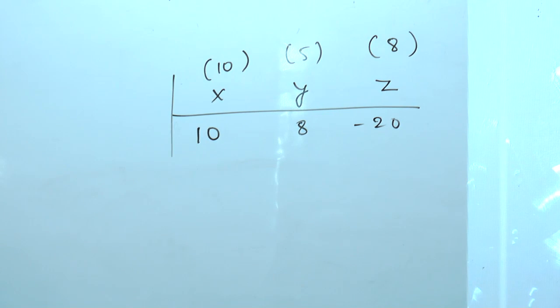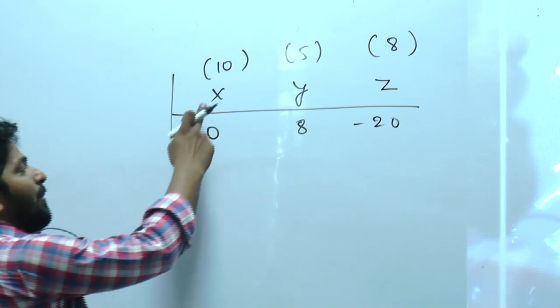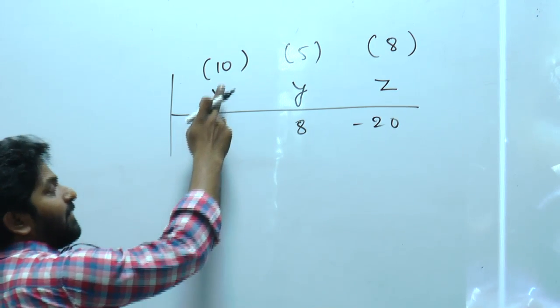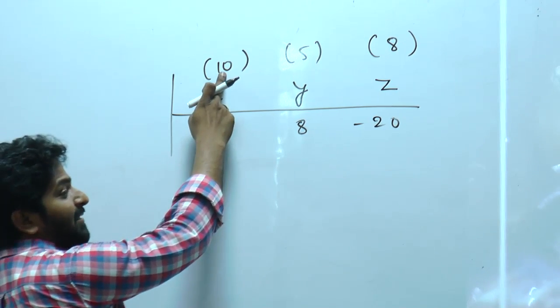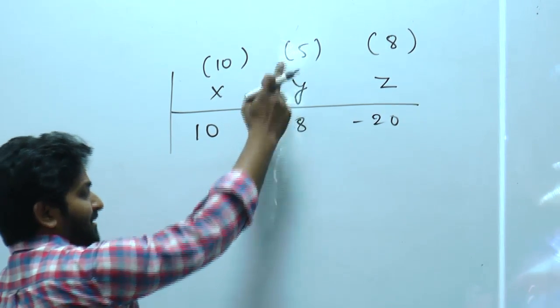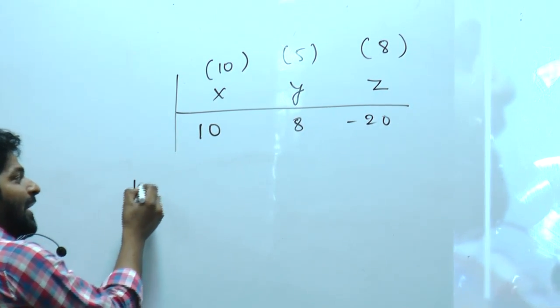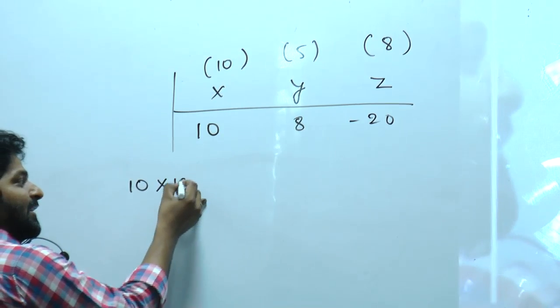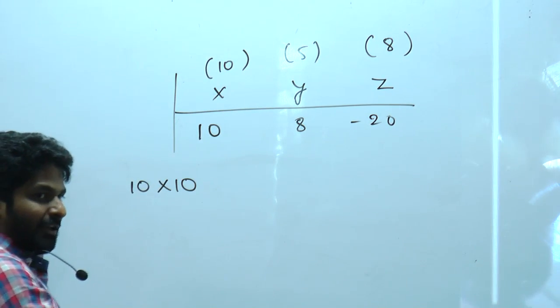Now, one pipe is added in set X and set Y. How many taps do we have in set X? 10. Now it becomes 11. In set Y, 6. 10 taps need 10 minutes to fill the tank.